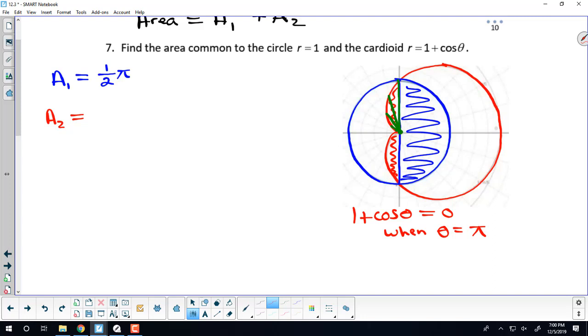So if we say, all right, then the area of that region is 1/2 the integral from pi over 2 to pi of this function squared. Is that going to do it?